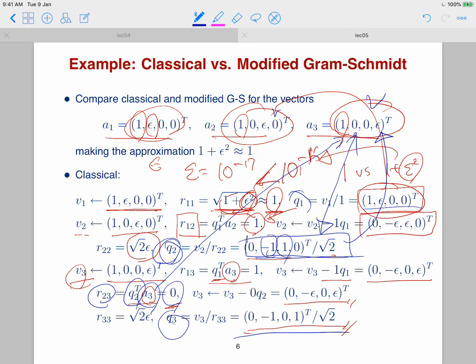Because our Q1 was computed inaccurately, not exactly satisfying the length being 1. So that actually creates the problem.